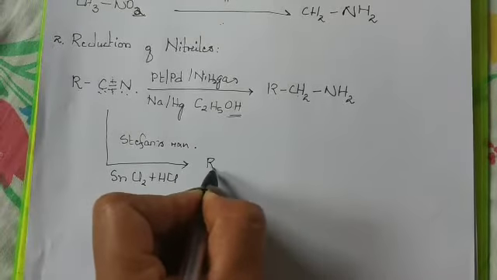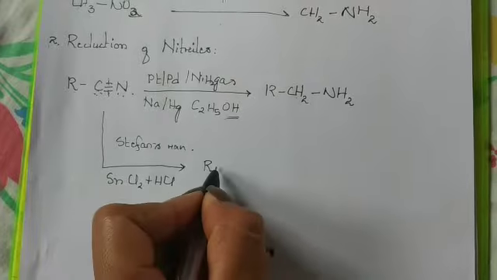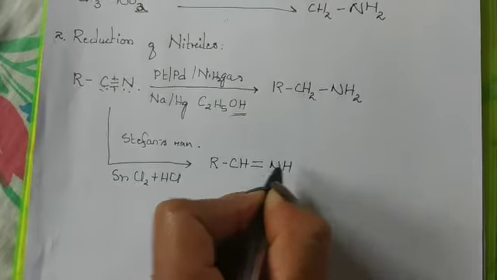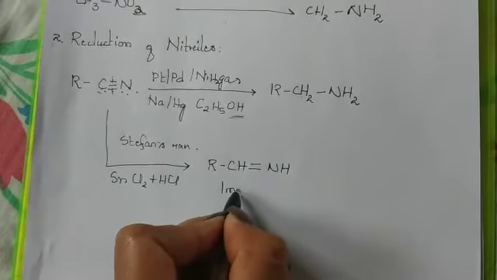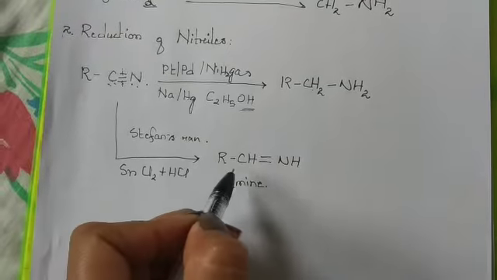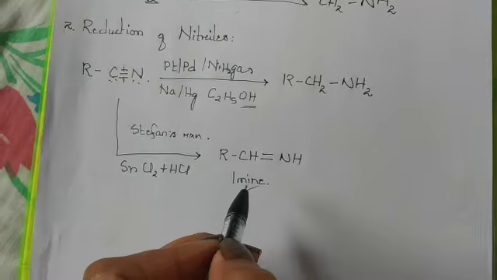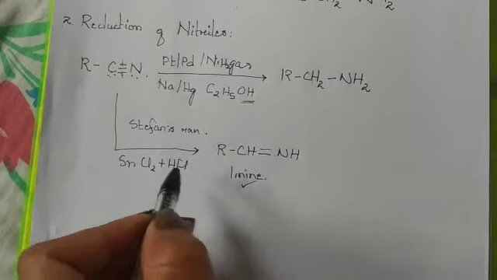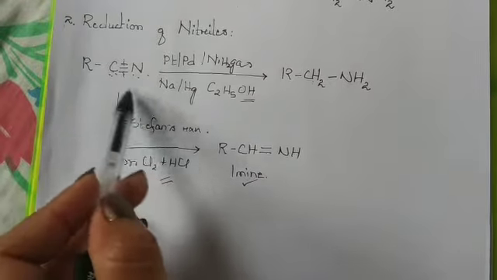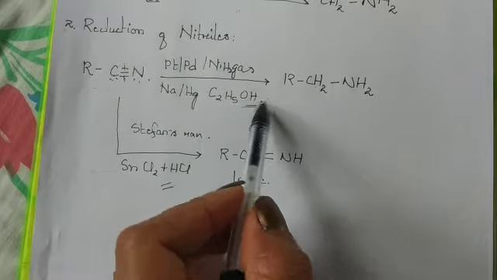However, in Stephen's reaction, only one bond breaks up, and the resulting product is known as imine. This results in partial hydrogenation, only partial hydrogenation, whereas in the reduction of nitriles by this method there is full reduction or full hydrogenation.